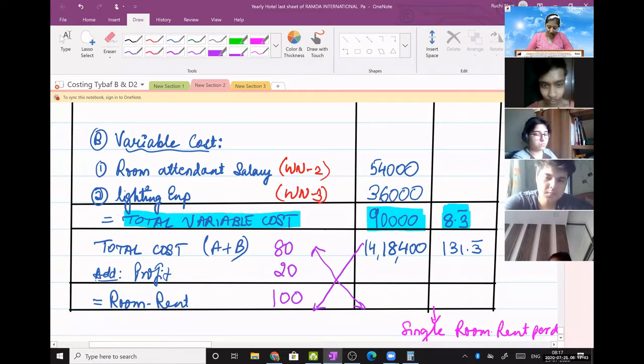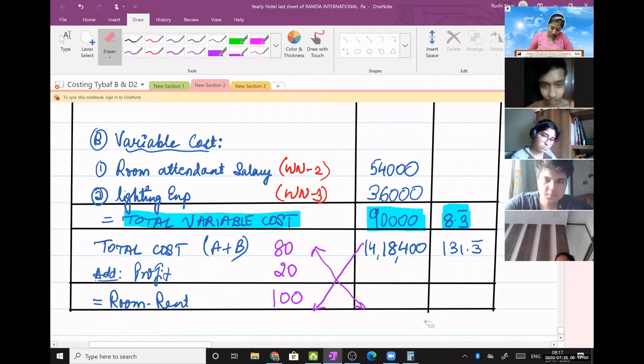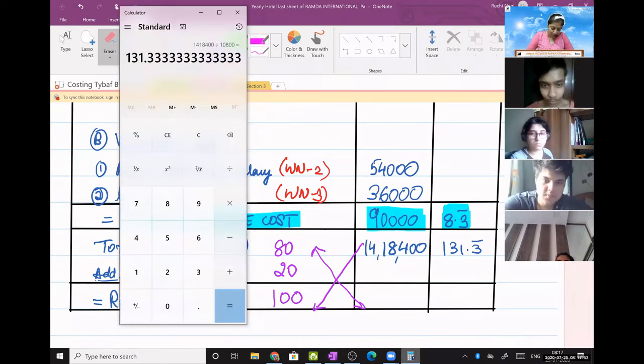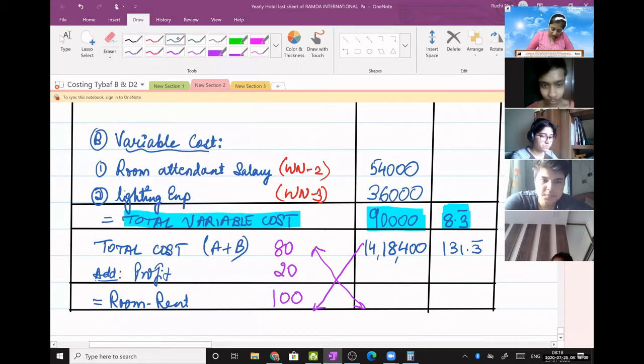And then cross multiply. 14 lakh 18,400 into 100 divided by 80. 17 lakh 73,000. Divided here, 17 lakh 73,000.